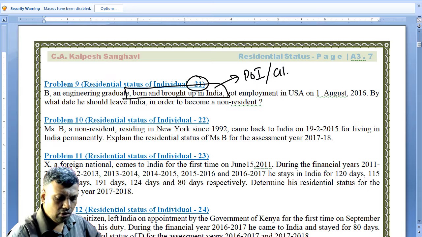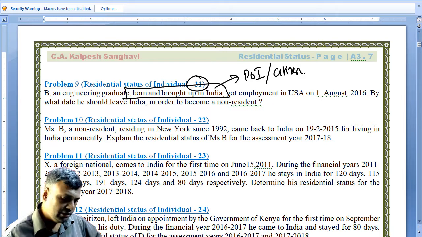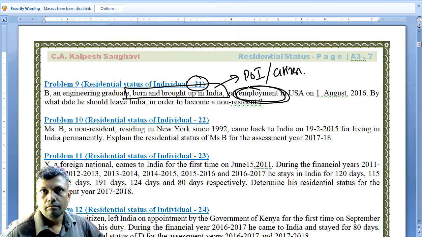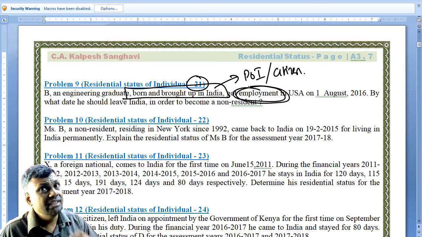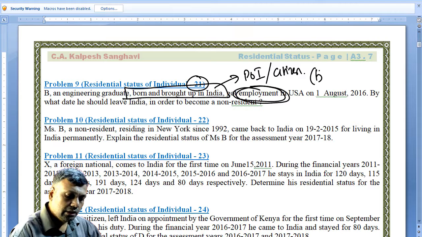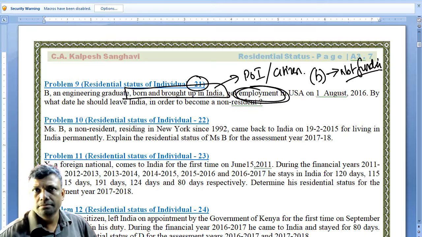He is going abroad for employment. So what is the conclusion? Condition B is not functional, which means you have to apply the test of 182 days. That's all.